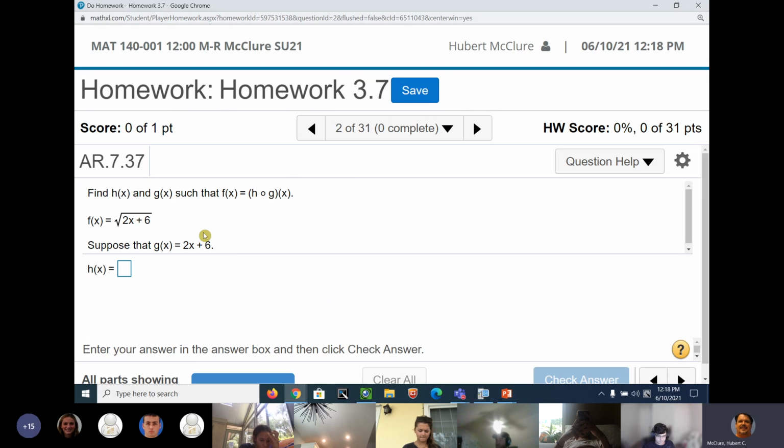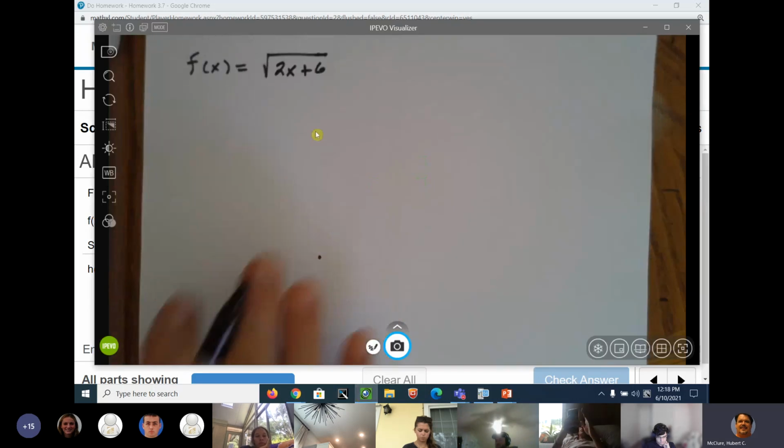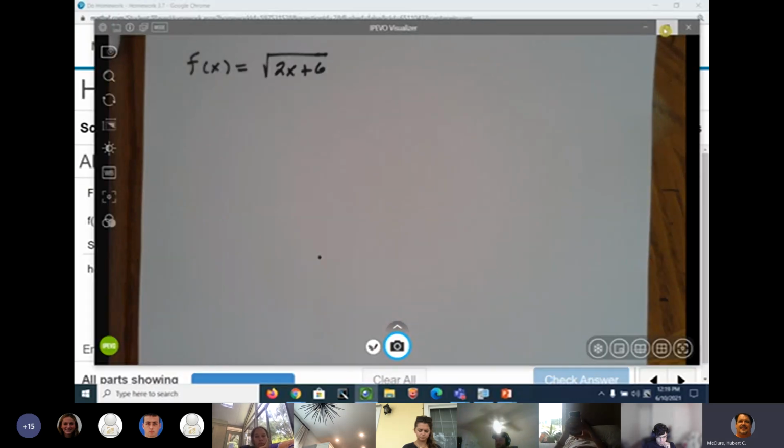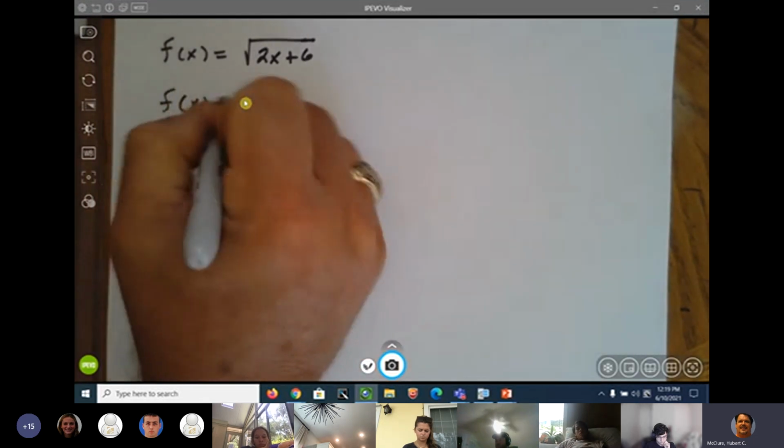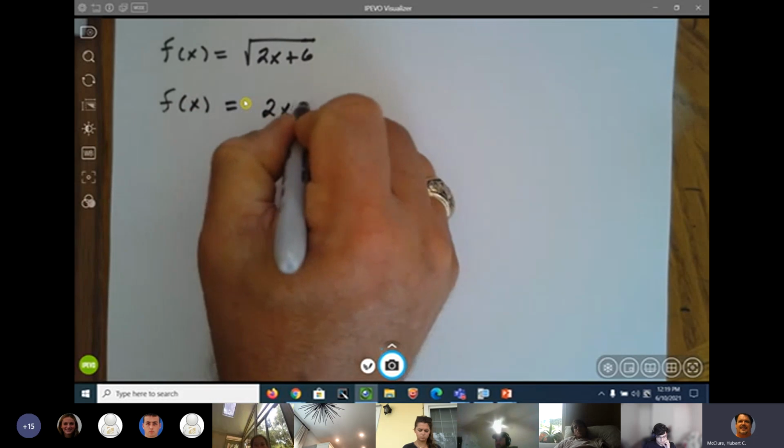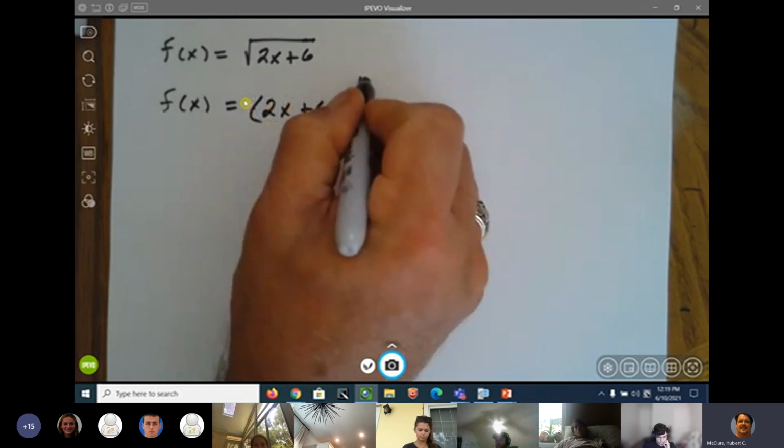Anything that you have to rewrite, you can bet your bottom dollar it'll be on the test, because that's part of being in calculus, having to rewrite things so you can actually do the calculus. So I'm going to rewrite this with a set of parentheses. f of x is equal to (2x plus 6) to the 1/2 power.